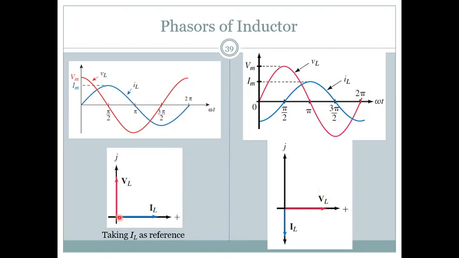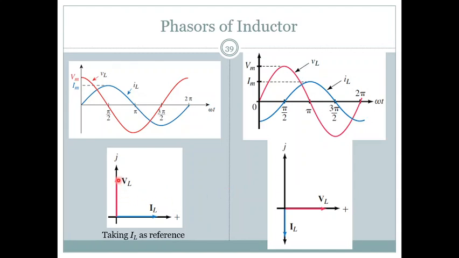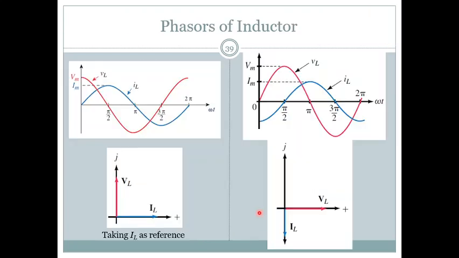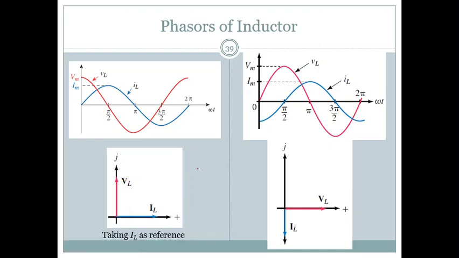So if you draw the current as reference, which is what we did here, current taken as reference, you have to draw the voltage as vertical, because it is leading by 90 degrees, right? So there is a right angle, and if you rotate this whole thing towards that side, you get this.